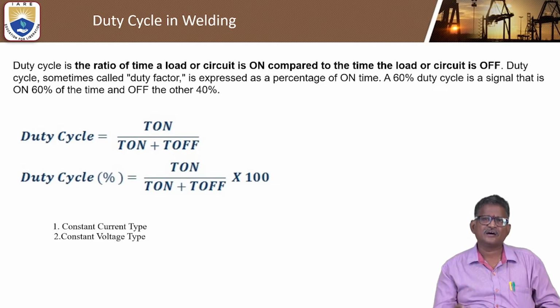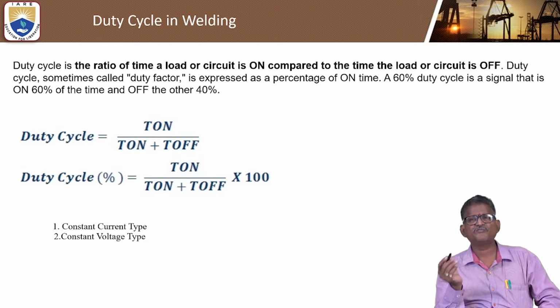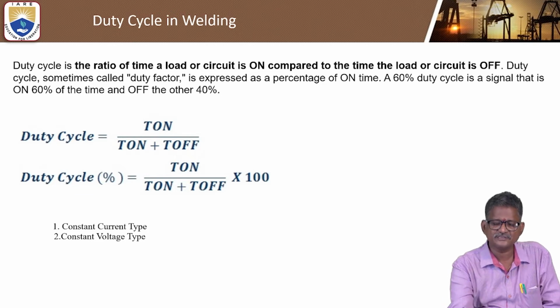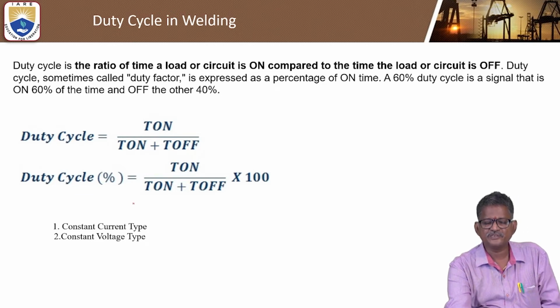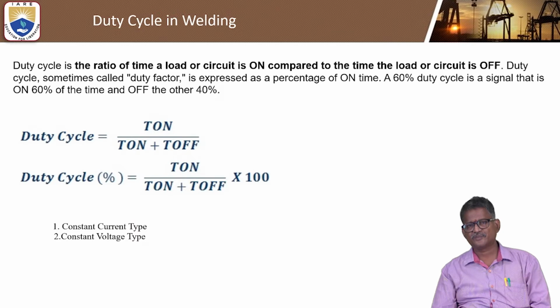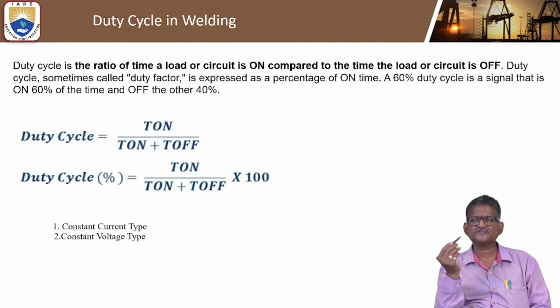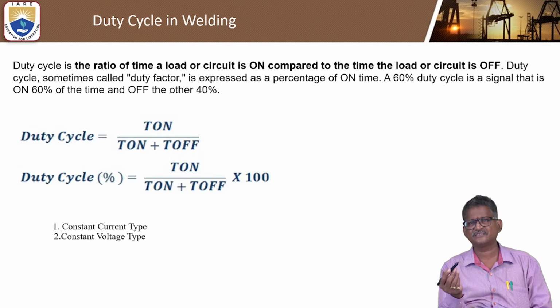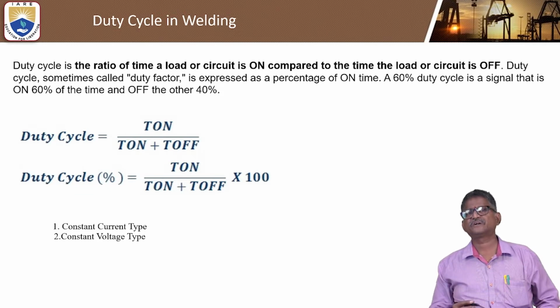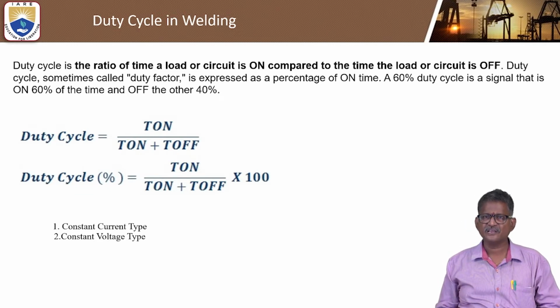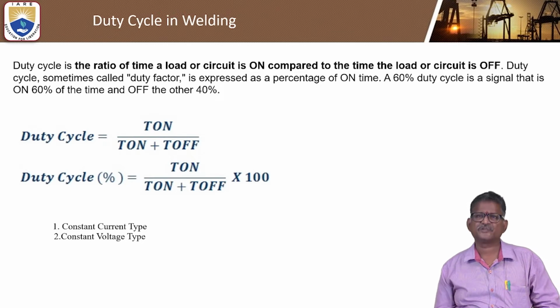That is how we determine the duty cycle percentage: T on divided by T on plus T off, 60 divided by 60 plus 40. Like that, you can determine the duty cycle percentage in any type of welding process.